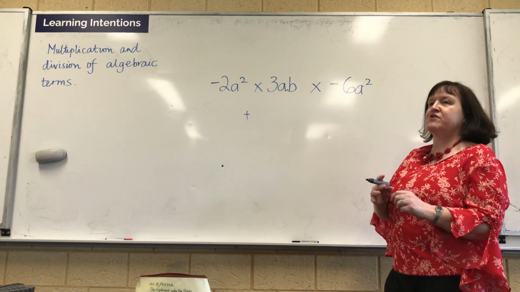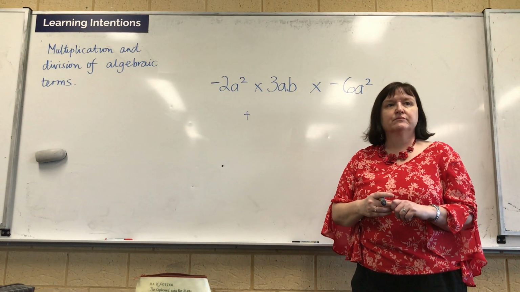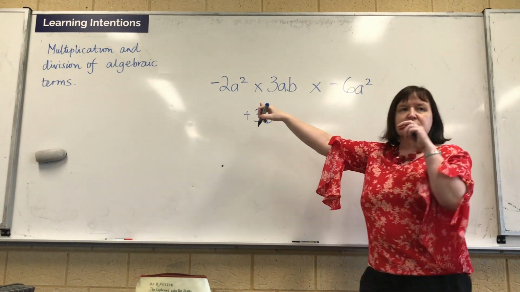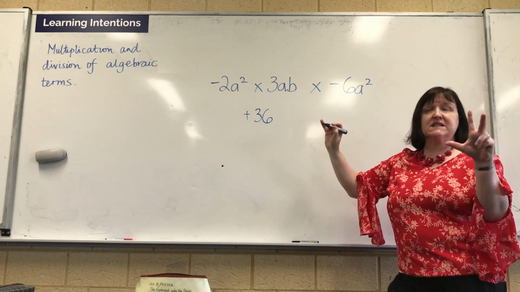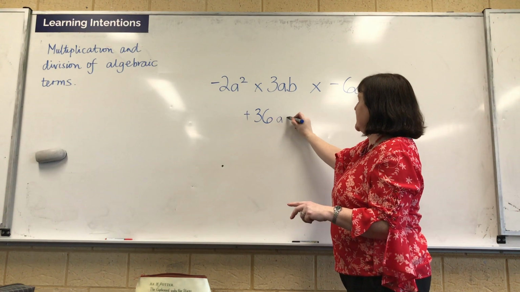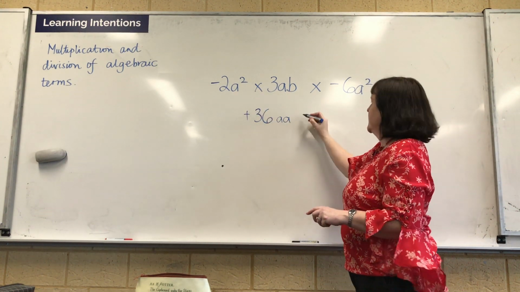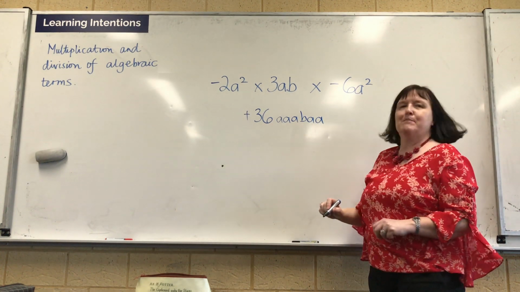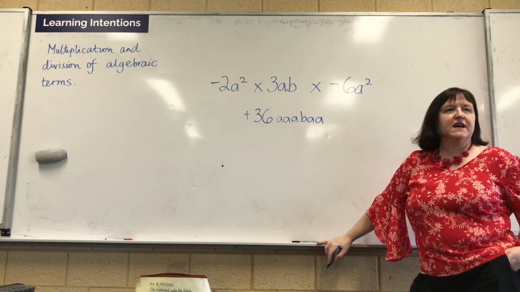Coefficient then, 2 times 3 times 6. 36. Okay. And then if we were going to write the letters in expanded notation, we've got a times a, which is a squared, ab, and a times a. Bah. Sounds like something a sheep would say.